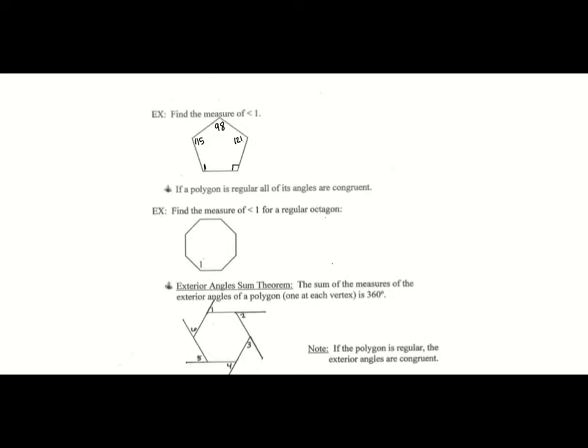In this first example, we have a polygon with 5 sides. To start off with, we're given 4 angle measures, and we want to figure out what this angle 1 is. To do that, we need to know how many degrees total are inside of that polygon.